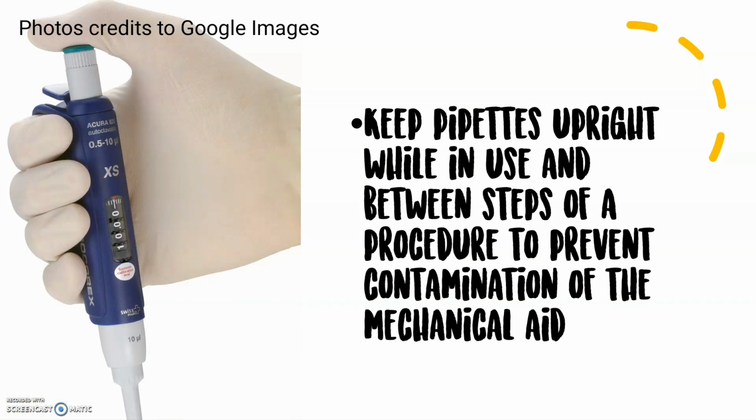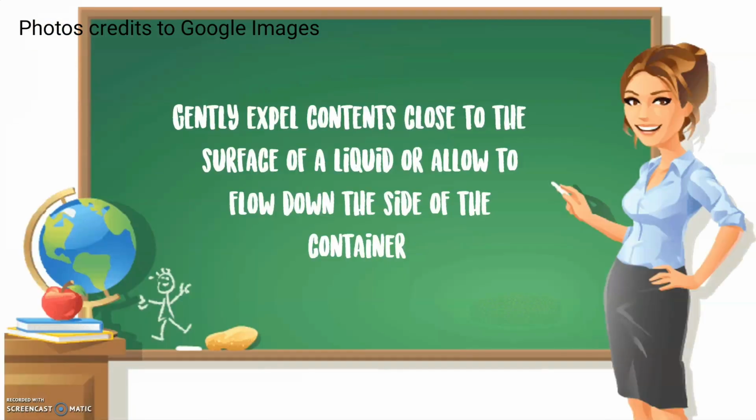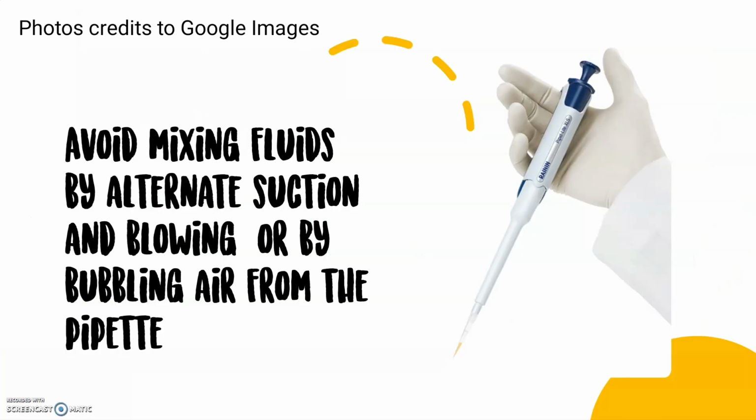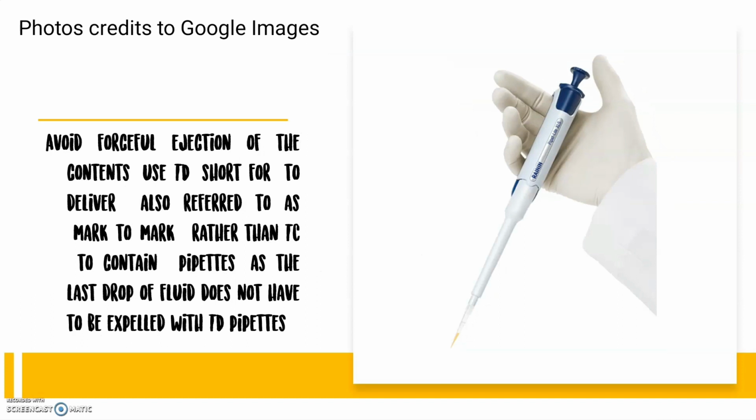Keep pipettes upright while in use and between steps of a procedure to prevent contamination of the mechanical aid. Gently expel contents close to the surface of a liquid or allow to flow down the side of the container. Avoid mixing fluids by alternate suction and blowing or by bubbling air from the pipette.